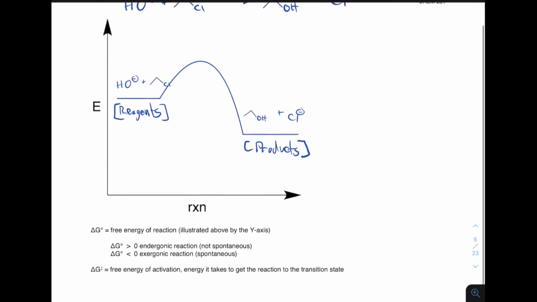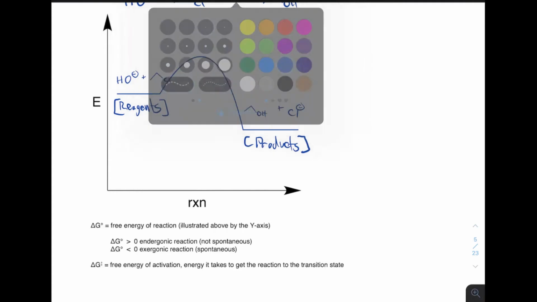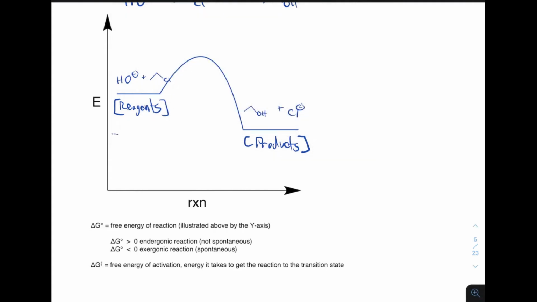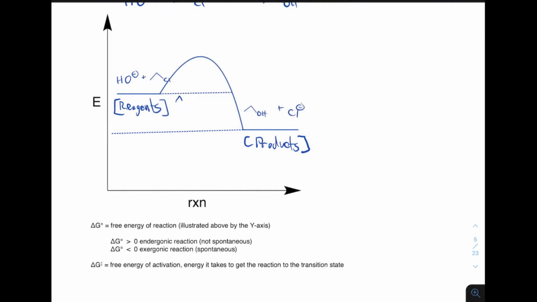And so what this all means is that the reaction has a sort of flow to it, if you will, where there's a difference in energy, which we can define as this G term, which is Gibbs free energy. So this delta G naught term is the free energy of the reaction, okay?